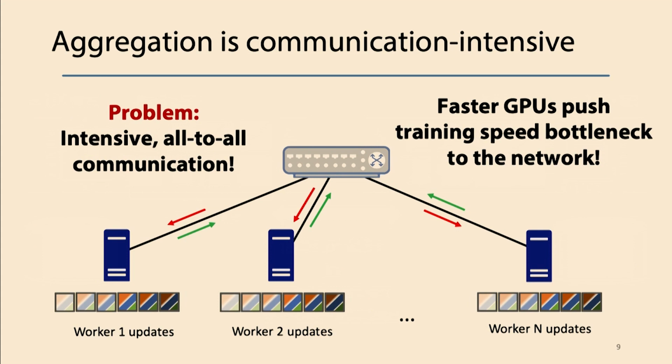And so this gradient exchange, the addition phase of which we call aggregation, is very communication intensive. And it has this sort of all-to-all communication pattern because we need all of the workers to see all of the other workers' updates. And as we deploy faster and faster accelerators, this means the network has to speed up in order to keep up.